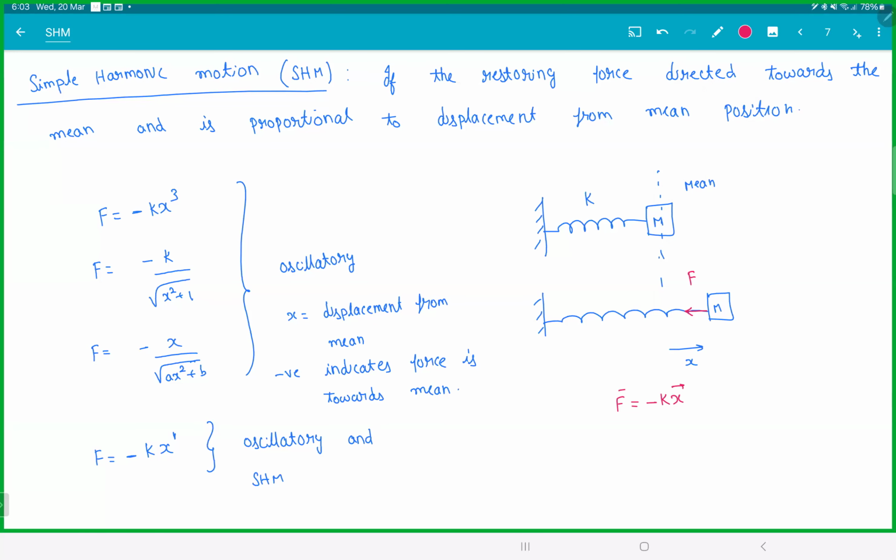It's a linear function. The more you stretch the spring, the more force you get towards the mean position, and it is a linear function. So a spring block system is a typical SHM. Clear?